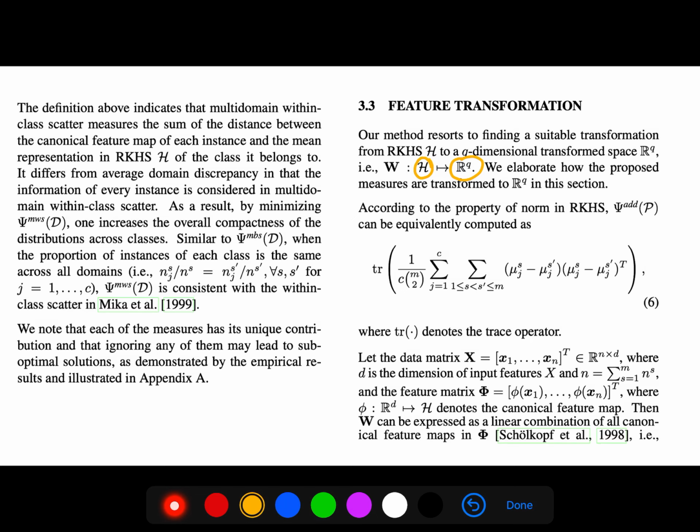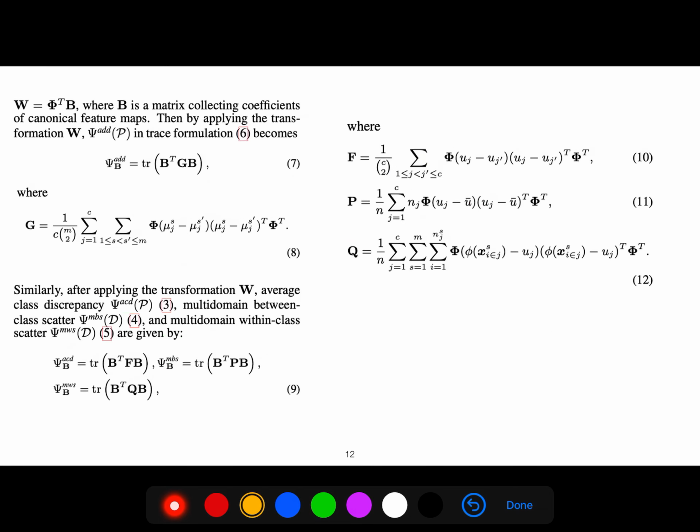According to the property of norm in reproducing kernel Hilbert space, psi ACD can be equivalently computed by the trace of this matrix. And G is given by this one.